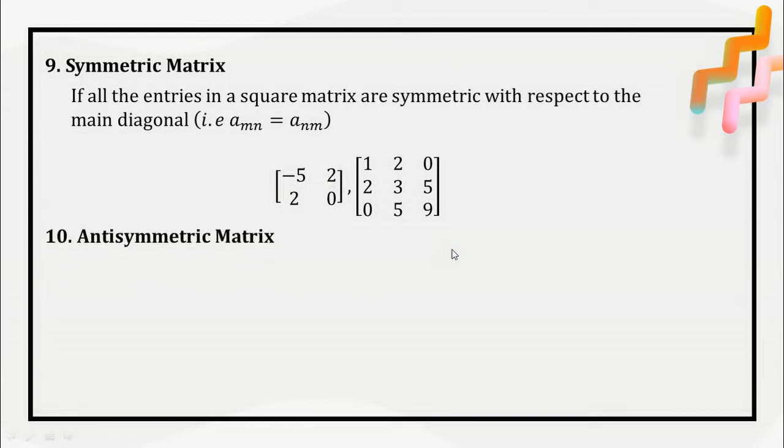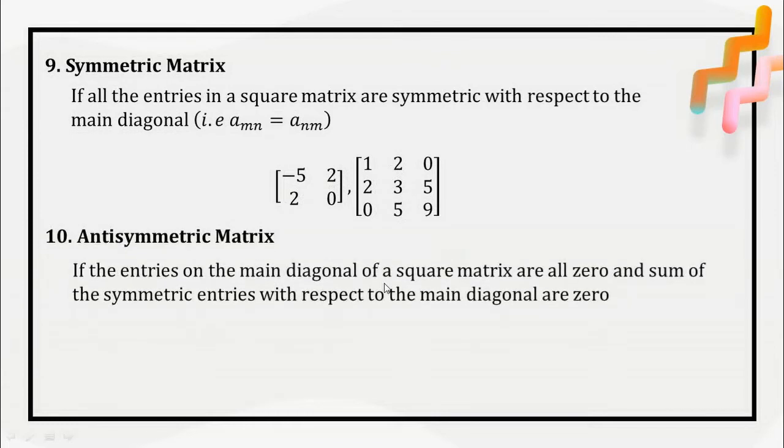How about an anti-symmetric matrix? If the entries on the main diagonal of a square matrix are all 0, and the sum of the symmetric entries with respect to the main diagonal are 0. So this is the example. When we calculate 2 plus -2 is 0, so this one is anti-symmetric.